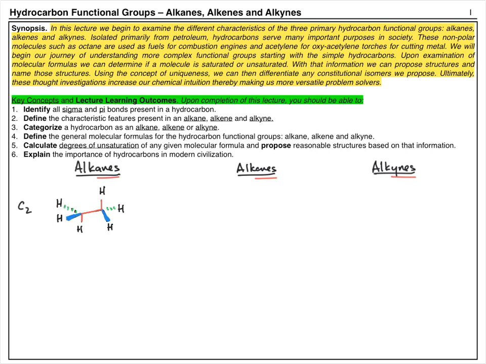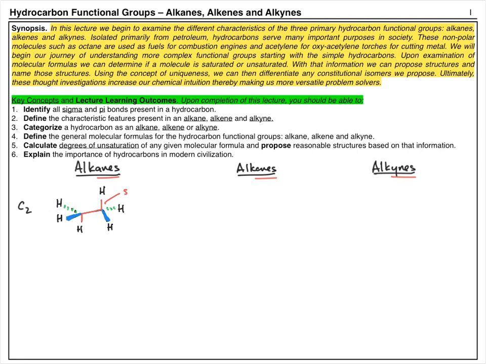The reason I'm drawing them like that is because we said that molecules have a 3-dimensional shape, and due to the hybridization, that's a better way of representing what those carbon-H bonds look like. So alkanes have sp3 hybridized carbon.